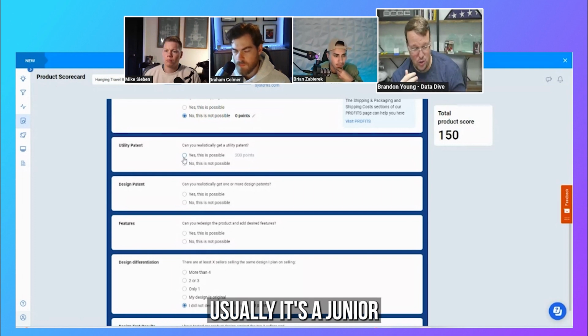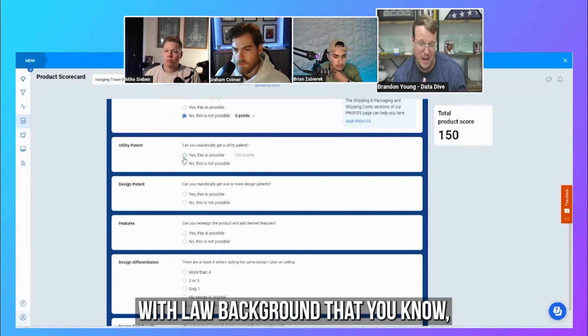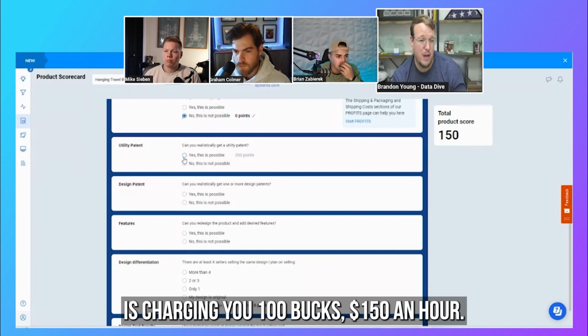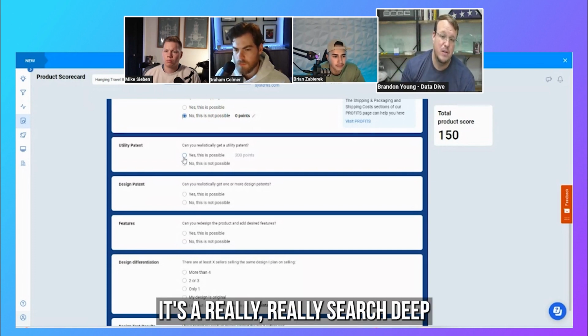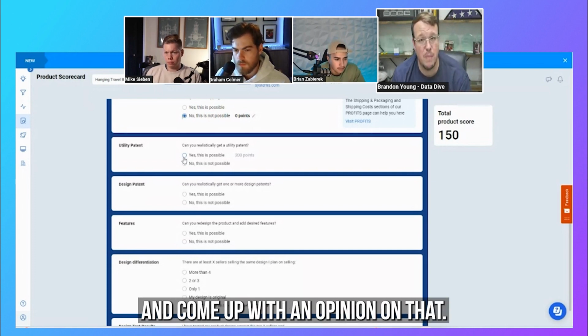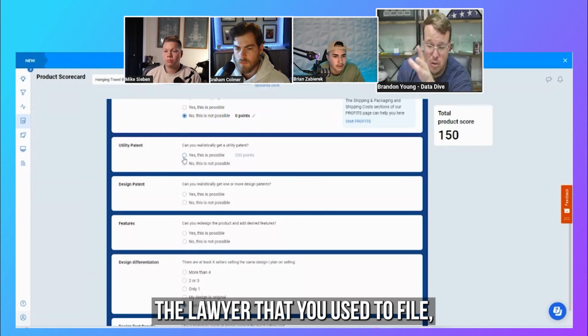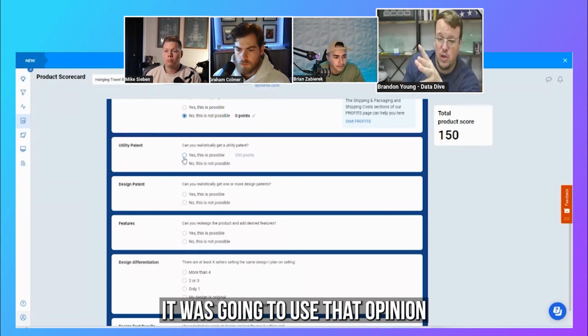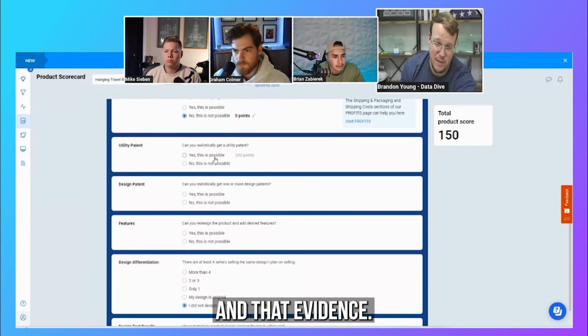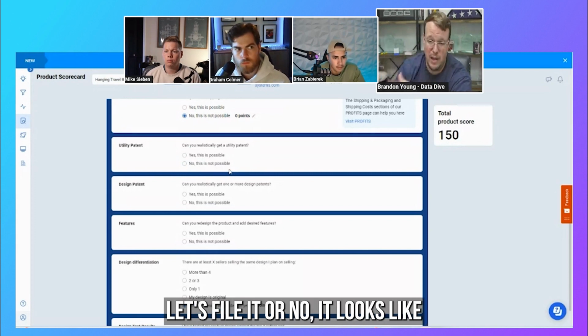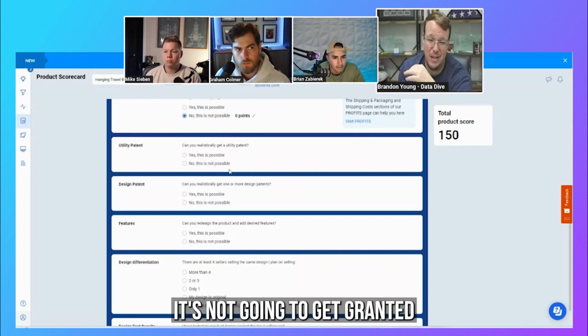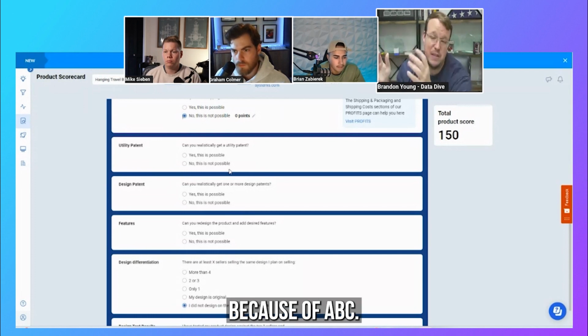Usually it's a junior with law background that is charging you $100, $150 an hour. And so if that $600 is 4, 5, 6 hours of their time to really search deep and come up with an opinion on that, the lawyer that you use to file it was going to use that opinion and that evidence and what they found to tell you, yes, we can move forward, let's file it, or no, it looks like it's not going to get granted because of ABC.